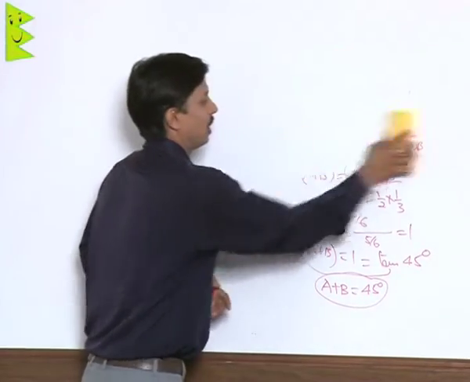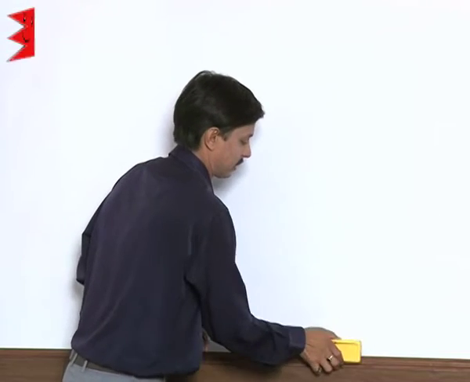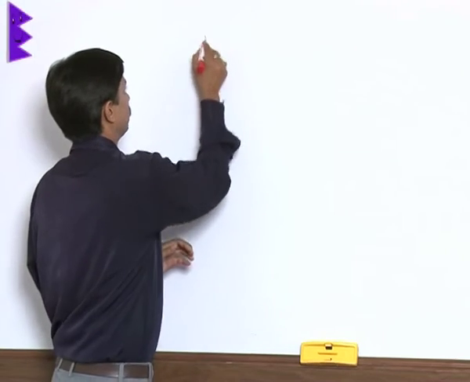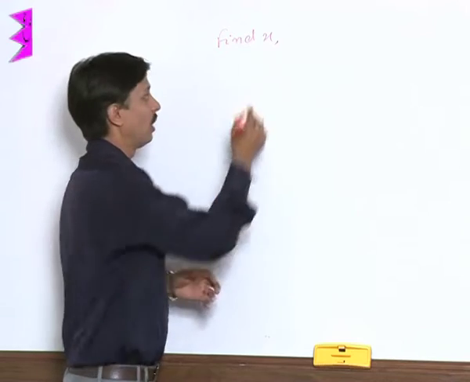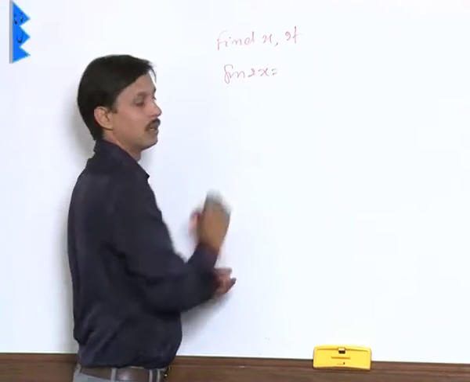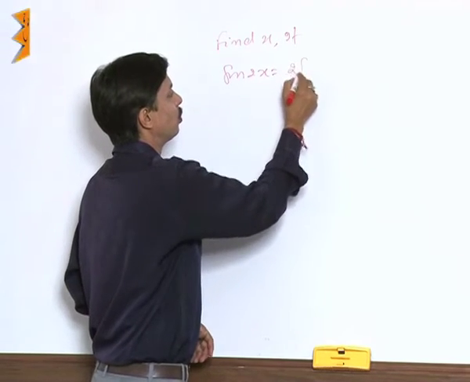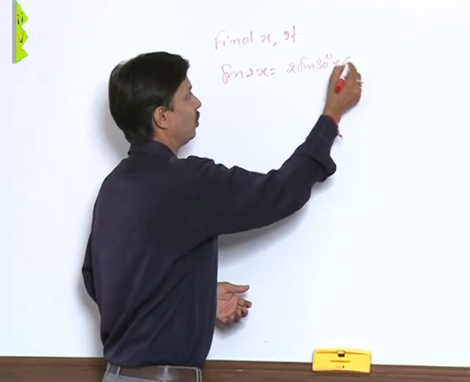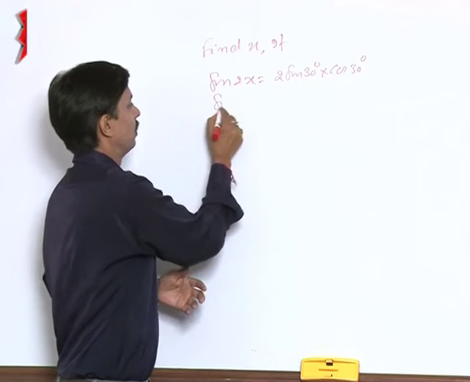Suppose I write here: find x, when sine 2x is equal to 2 sine 30 degrees into cos 30 degrees.